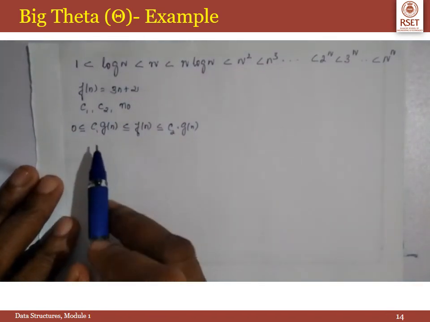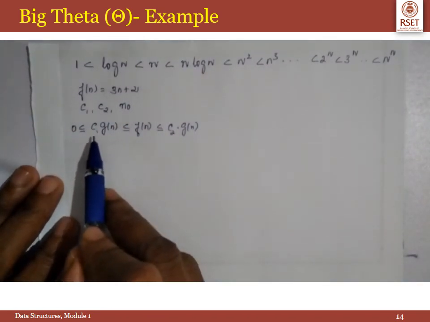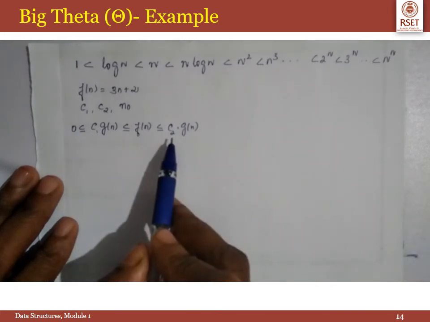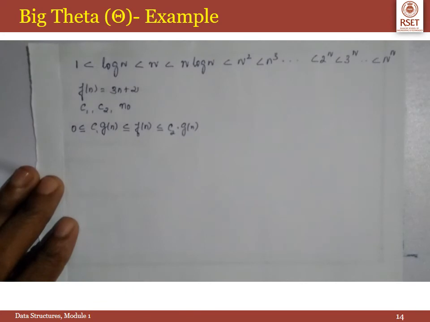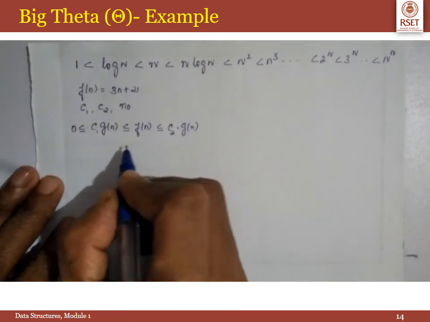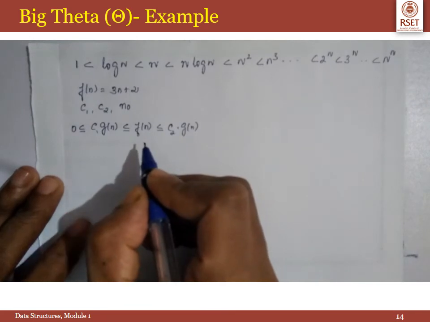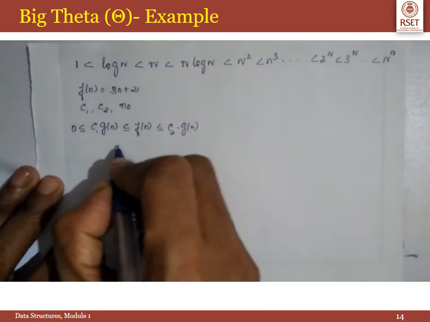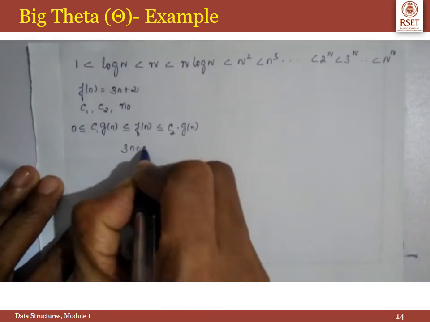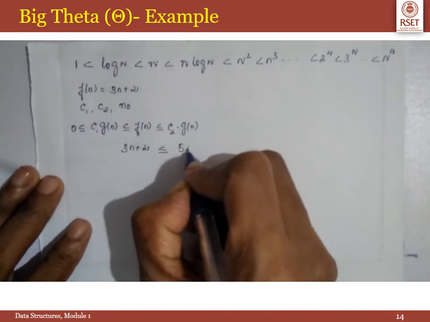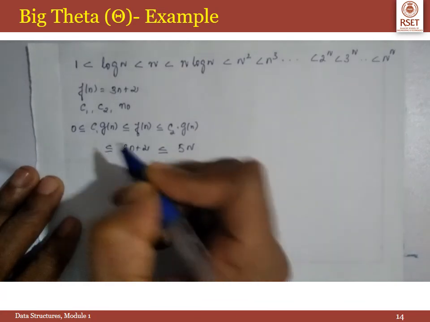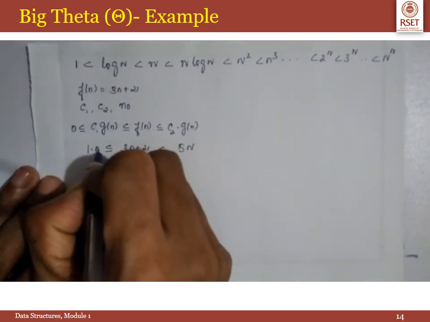So if you are able to identify positive constants c1 and c2 like this, then you will be able to write your function f of n as theta of g of n. Now we already calculated this for the big O value, so for 3n plus 2, the upper bound we calculated as 5n, and the lower bound we calculated as 1 into n.